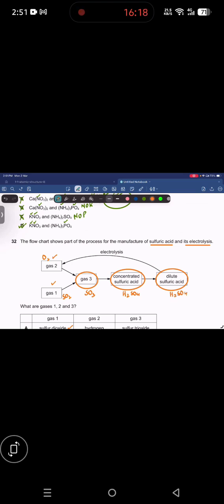This concentrated sulfuric acid is known as oleum, which is also considered as H2S2O7 oleum.